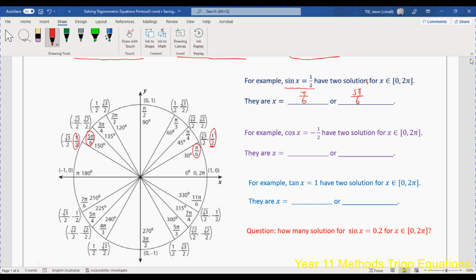So how do we know what's the feature for these two? What's the common thing for these two angles? You can see there's at least one common thing for both angles. The reference angle must be 30 degrees. Of course, the reference angle for 30 degrees is 30 degrees.